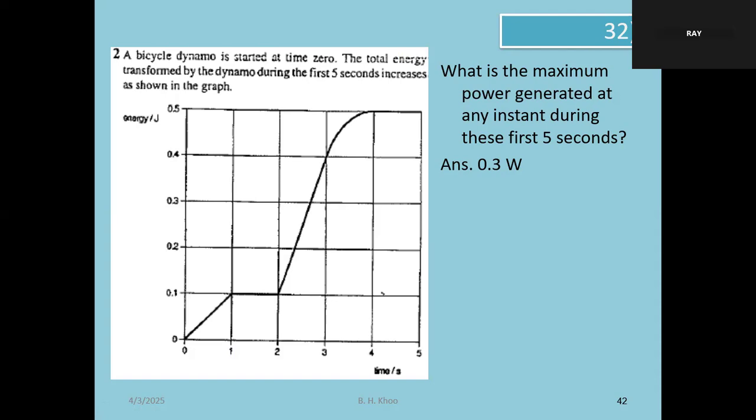Power is the rate of change in energy, or rate of doing work, or change in work over change in time. Work done per unit time. So you look at the gradient. Power is gradient. Greatest gradient is this one.